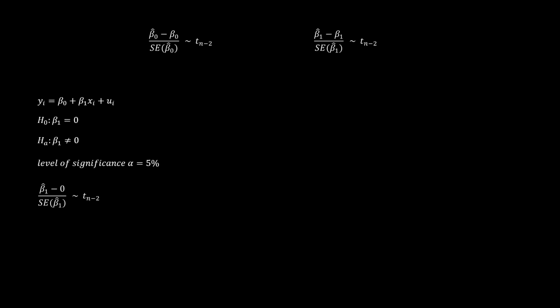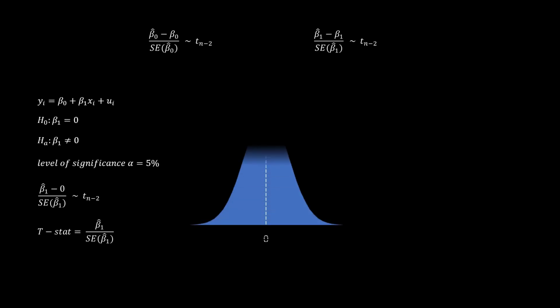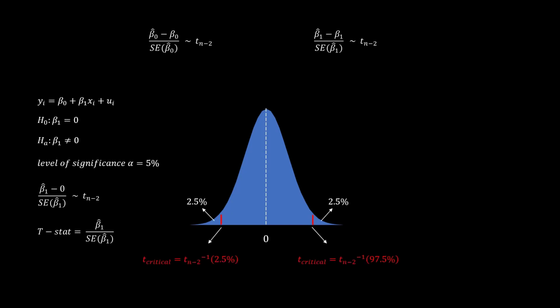We can calculate the critical values from the t-distribution with, let's say, 5% level of significance, which means that 2.5% probability on either side for a 2-tailed test. If our t-stat from the sample falls within the critical values, then we do not reject the null.